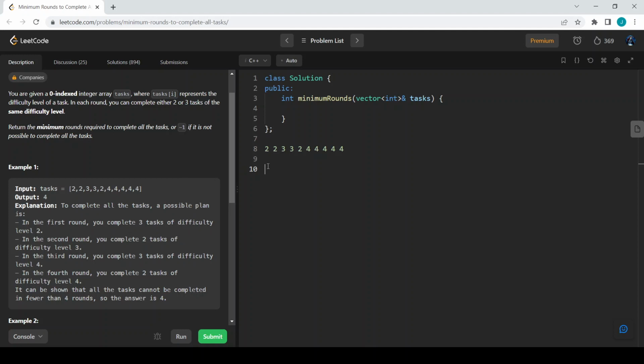So we want to know how many tasks there are of difficulty 2, of 3, and of 4. For that we can use a data structure called a map and count the frequencies. So for 2 there is a frequency 3, for 3 there is a frequency 2, and for 4 there is a frequency 5.